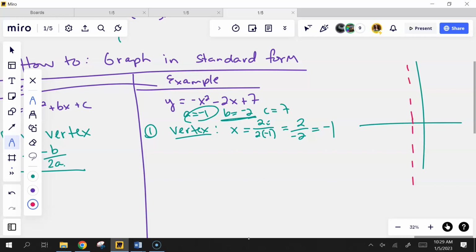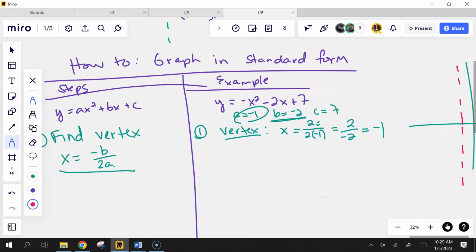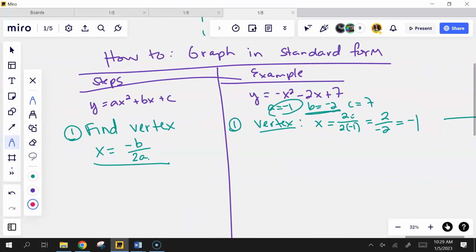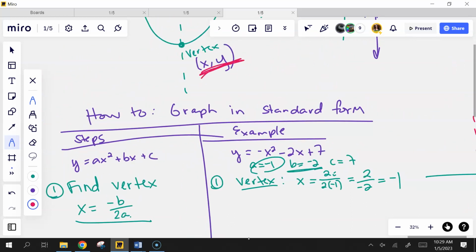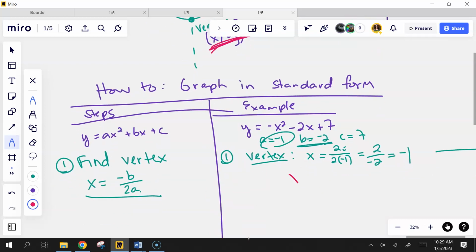I've only found half the vertex. How do I find the other half? Y'all can do this. Think about it for just a second. A vertex has 2 parts. It has an X and a Y, right? If you have X, because I do, yes, you plug it in. You have to plug it in.